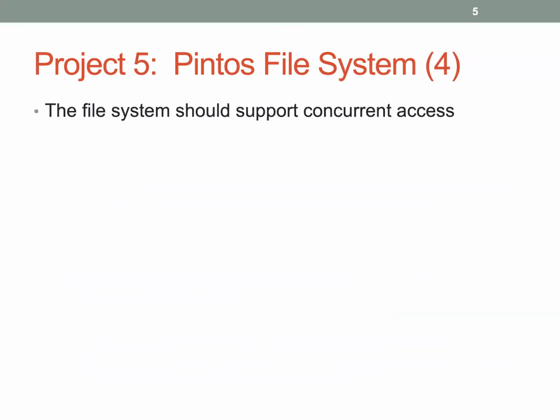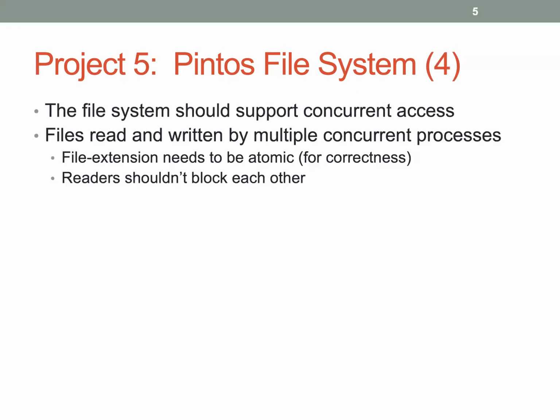Okay, file systems should support concurrent access. So that means that we have files being read and written by multiple concurrent processes. This will be done very aggressively by many of the tests. So you have a couple of things that have to work well. File extension has to be atomic, because if it's not, you'll have mangled file contents.